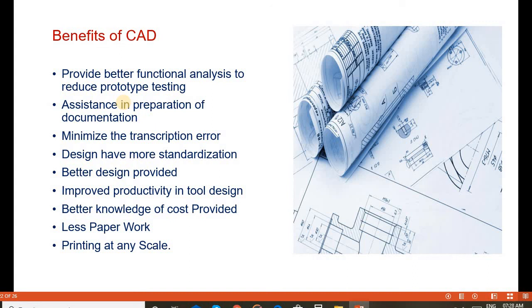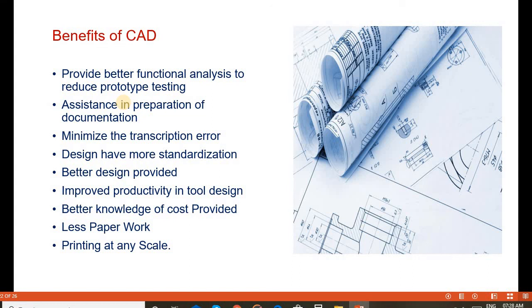The designs are more standardized, so accuracy is improved, errors are reduced, and automatically the standardization is improved. So ultimately a better design is provided by CAD systems. In other aspects, such as tool and fixture design, productivity is also improved.